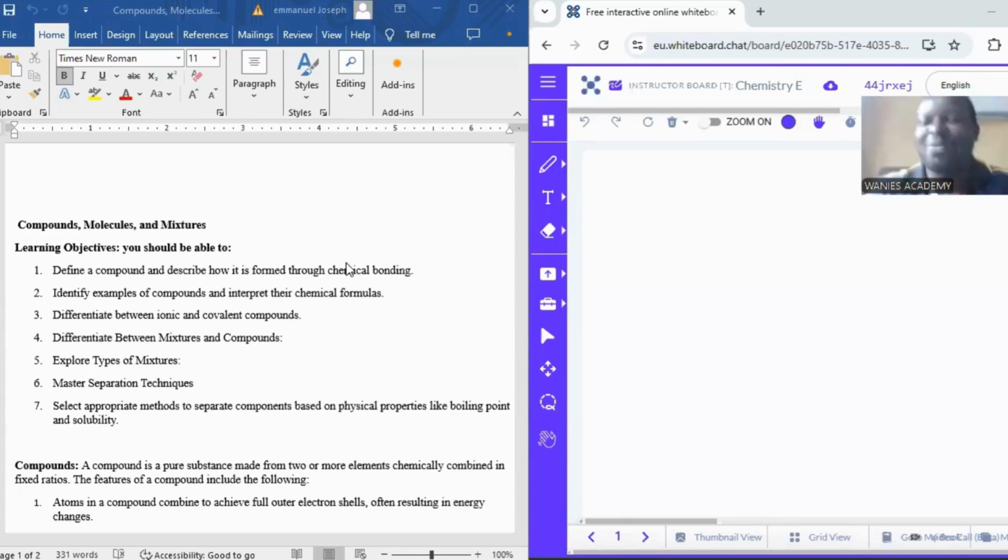What are we going to be learning today? Today, you should be able to define a compound and also state how they are formed.